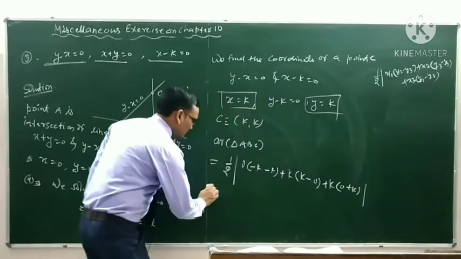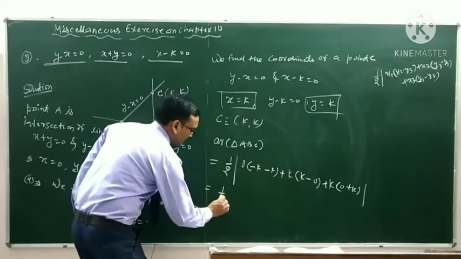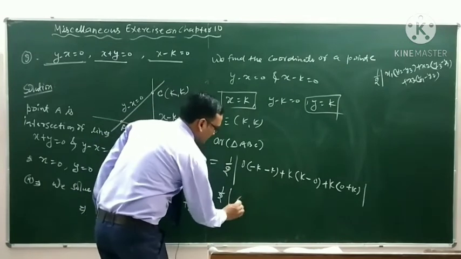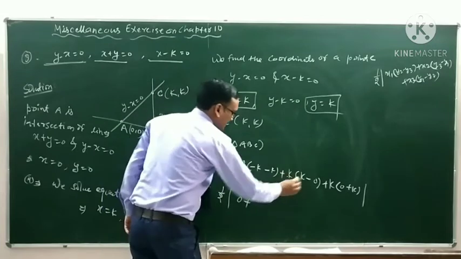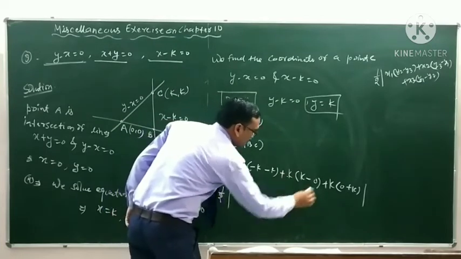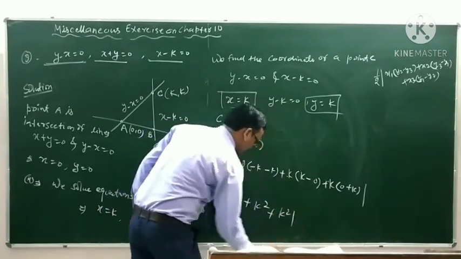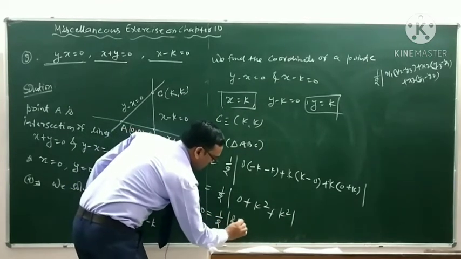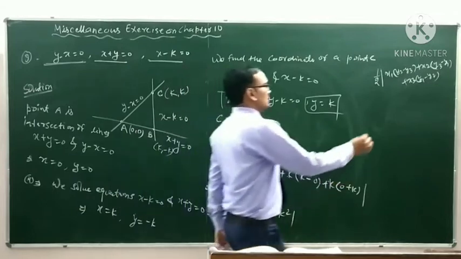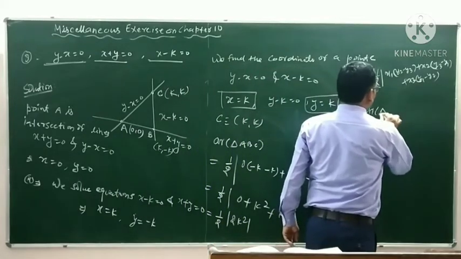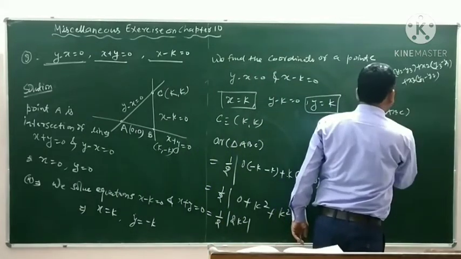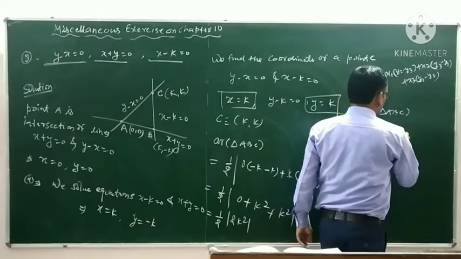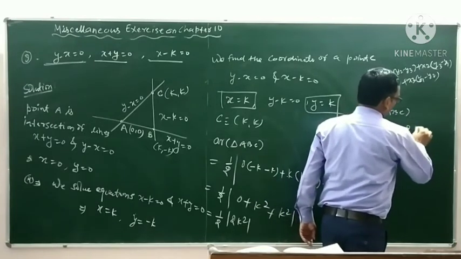This equals 1 by 2 mod of 0 plus k square plus k square. This equals 1 by 2 mod of 2k square. Area of triangle ABC is equal to 1 by 2 into 2k square.